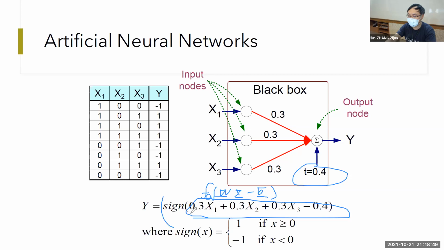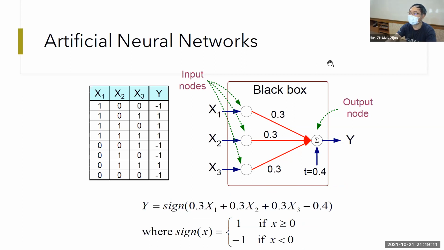And here we use a sign function, which means if this input is larger than or equal to 0, then we classify y as +1. If this component is less than 0, then we classify y as -1. Okay, good to understand, clear, right?